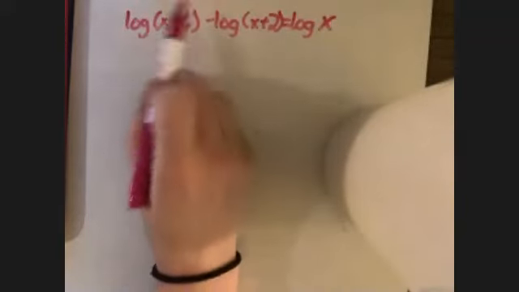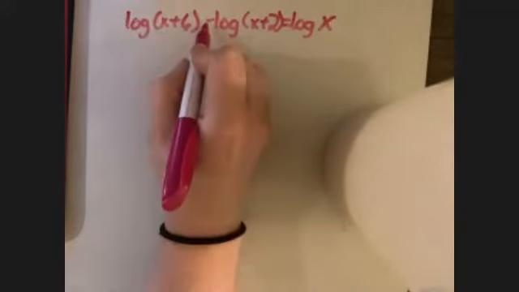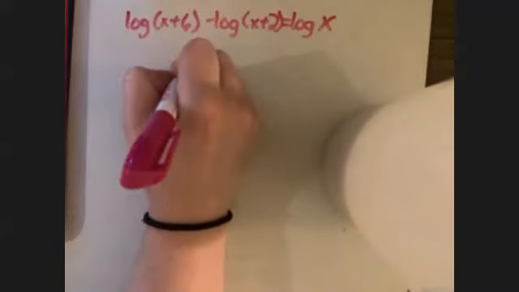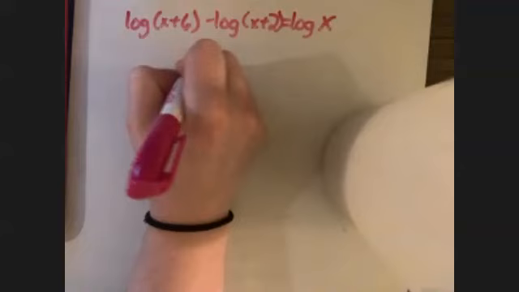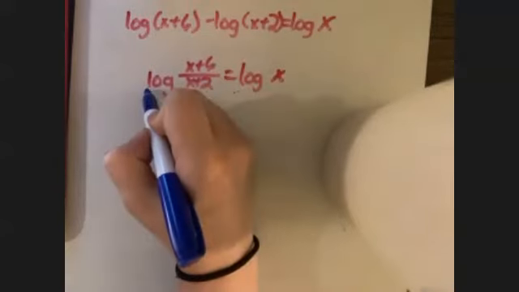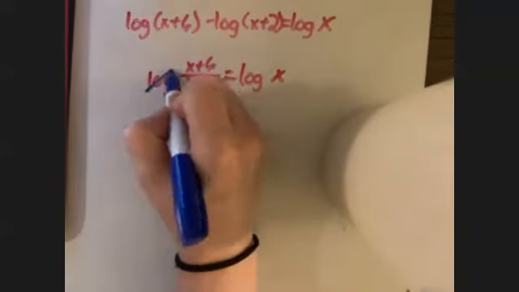So the first thing we've got to do is condense this side. So subtraction goes back to division. And then we're going to get to cross off the log on both sides.